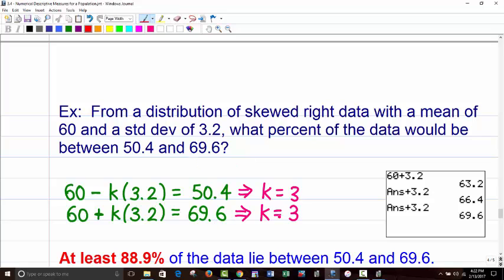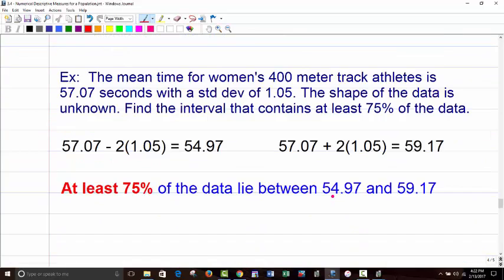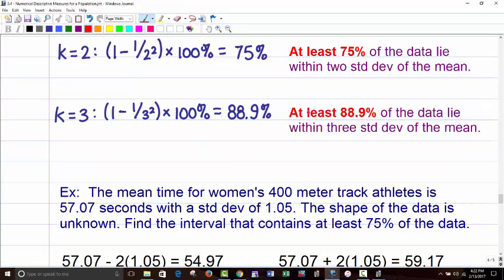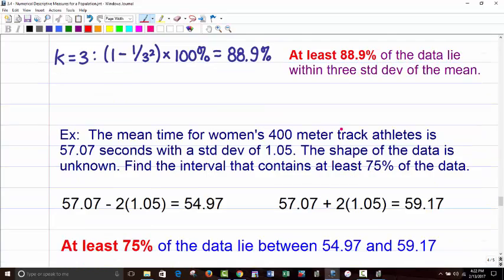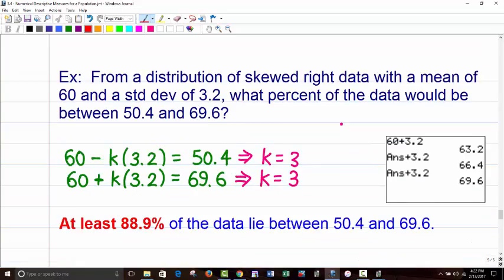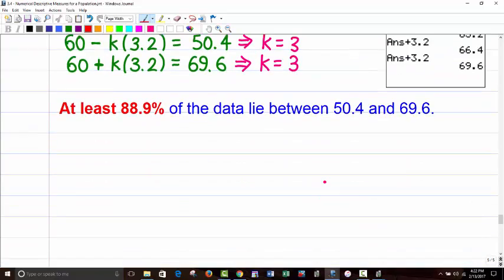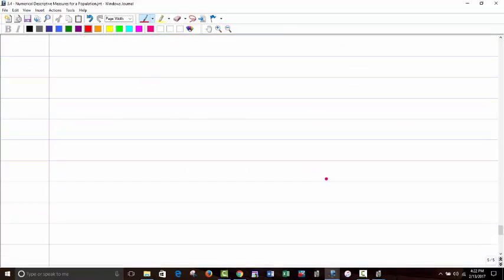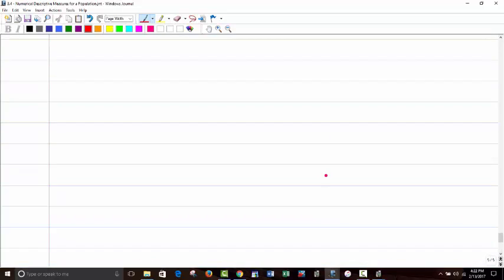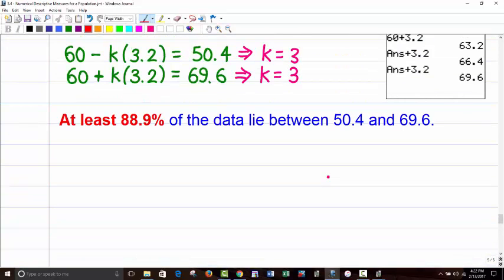So the standard deviation value was 3. So going back to the rule up here, 3 is at least 88.9. So once again, the at least is very important. So the answer has to say at least 88.9% of the data lie in the interval of 50.4 and 69.6. And that concludes this lecture.